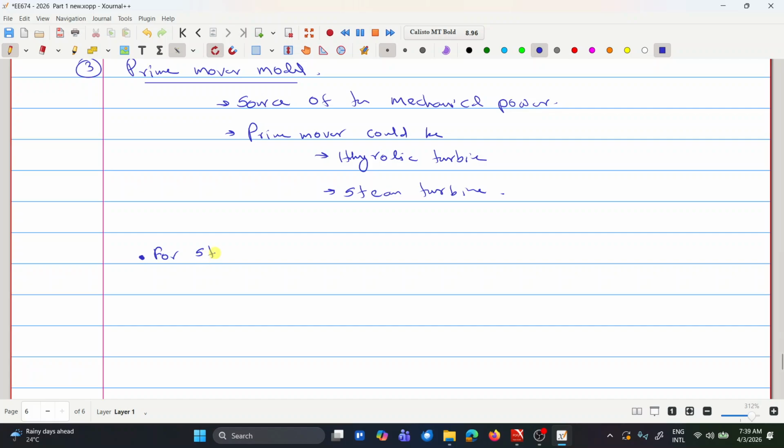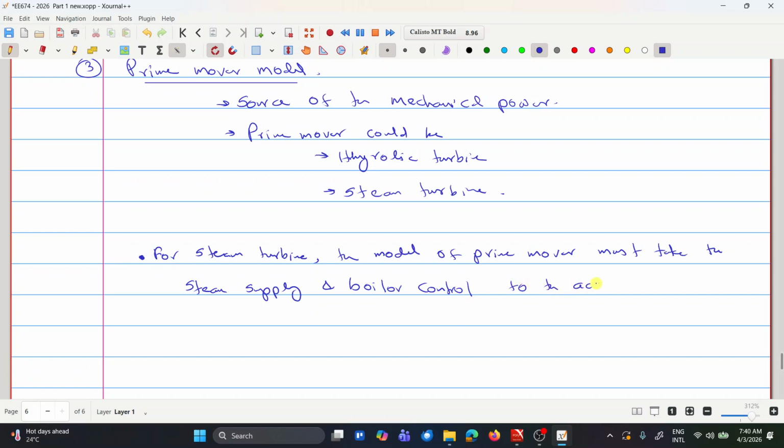For the steam turbine, the prime mover model must take the steam supply and the boiler control into account, right?